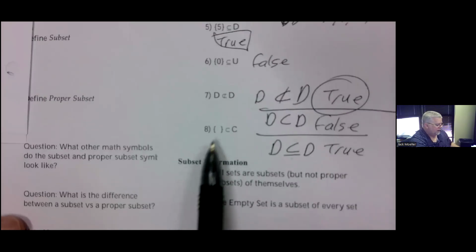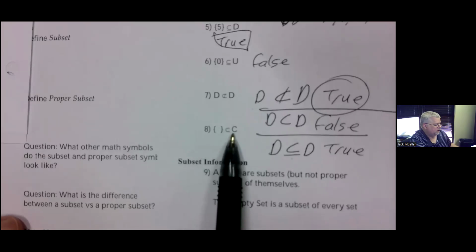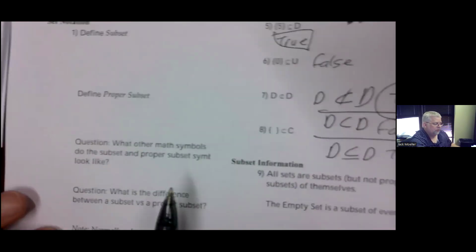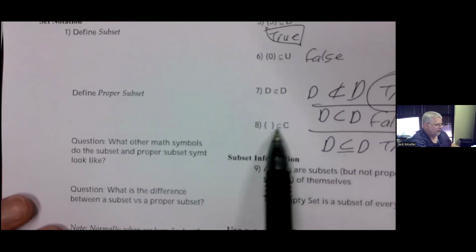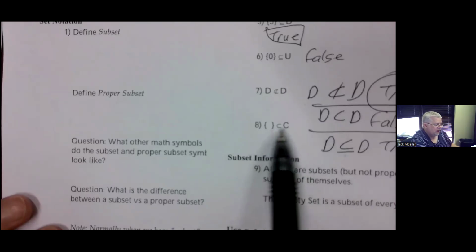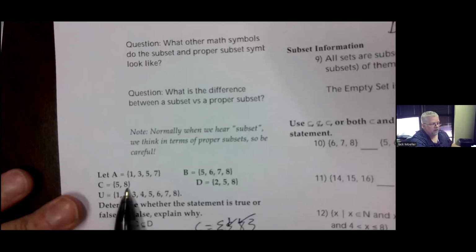Okay. What about 8? What is a bracket with nothing in it? That is the empty set. So is the empty set a proper subset of C? Well, go back to the definition. To be a proper subset, every element in the empty set has to be in C, and they can't be equal. Well, C is 5 and 8, so C is not equal to the empty set.